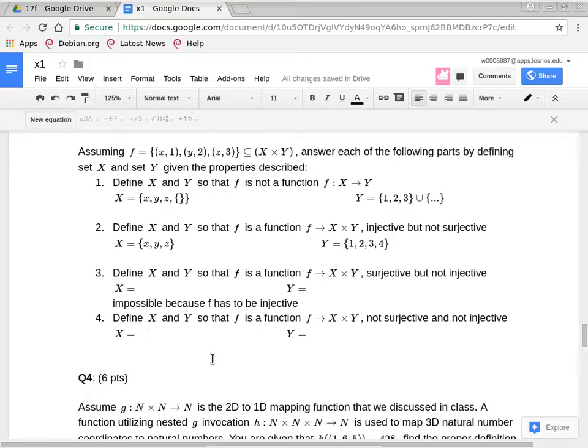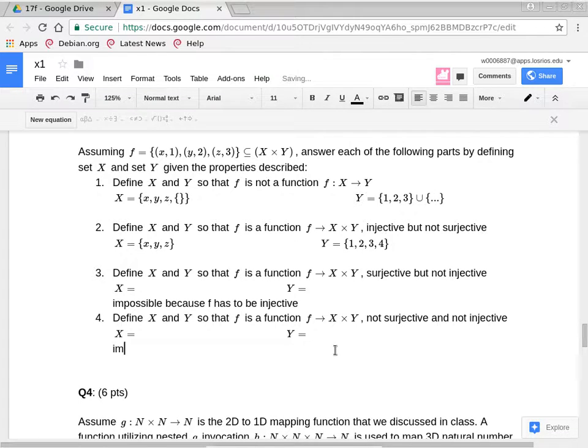Define x and y so that f is not surjective and not injective. Same answer, not possible because f has to be injective. Okay, so I'm gonna grade this one with this in mind.